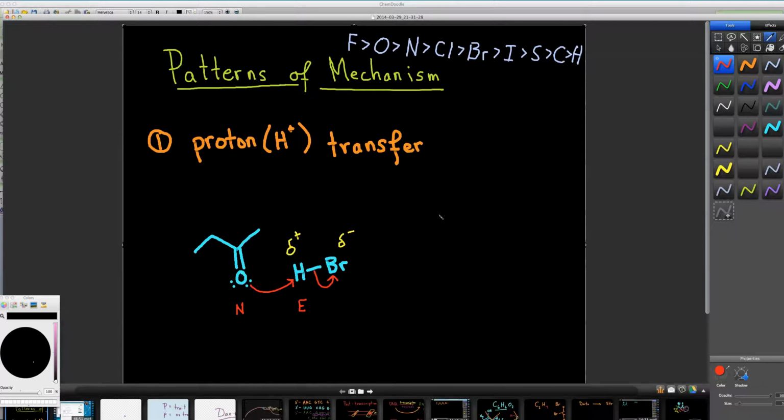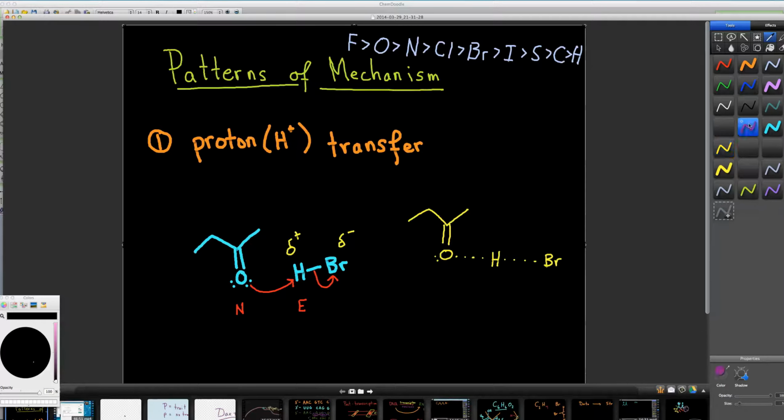Now if we start thinking about transition states, and transition states were something that we discussed last week or week before last, it's important that we realize that this process happens nearly simultaneously. And so as I'm beginning to make this OH bond, I'm beginning to break this HBr bond.